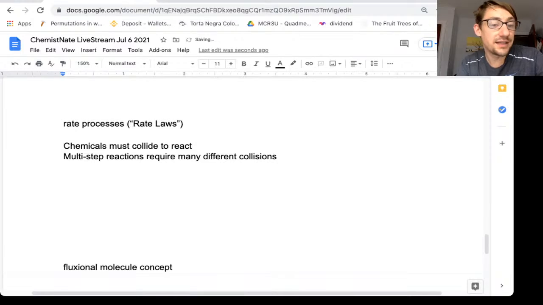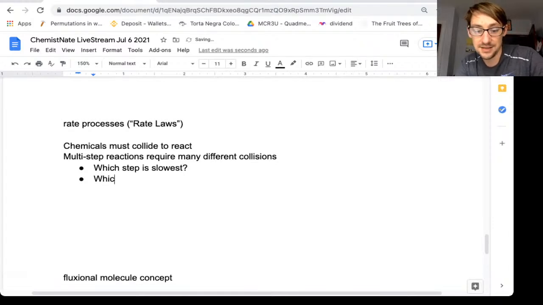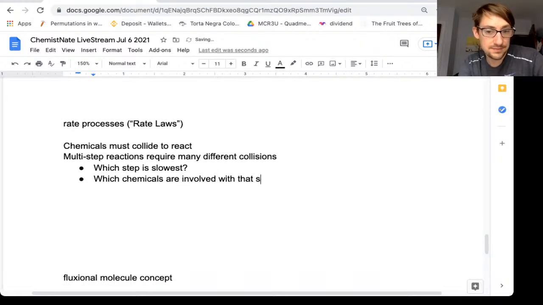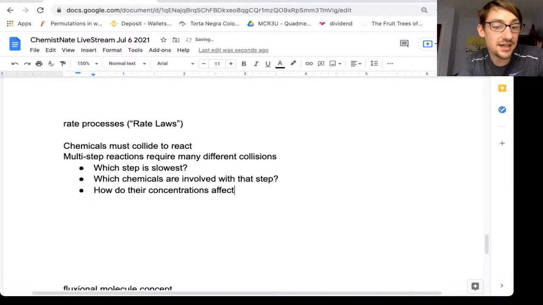The whole idea with rate laws is you figuring out which step of a multi-step reaction is slowest, which chemicals are involved with that step, and how their concentrations affect basically the effectiveness of the collisions.